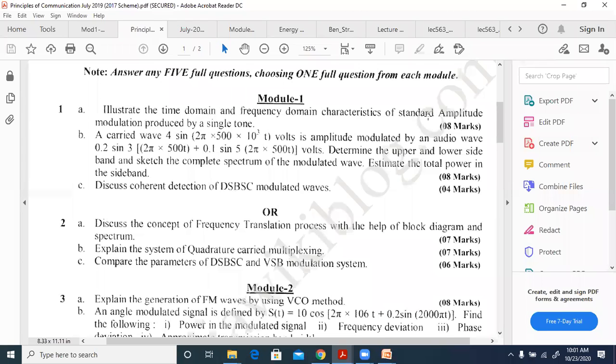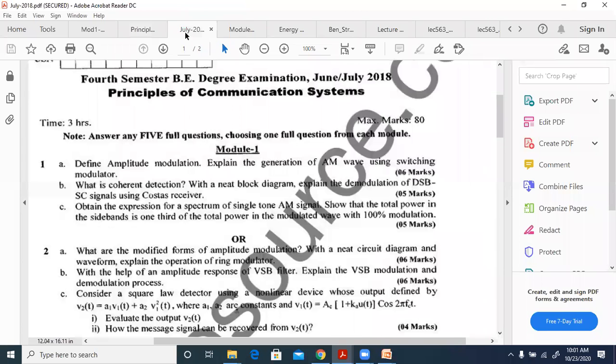Let us go to the next paper. Define amplitude modulation, explain the generation of AM wave using switching modulator. You need to explain the switching modulator. Coherent detection, same thing again. Costas receiver for demodulation. Obtain expression for spectrum of a single tone AM signal. Show that the total power in the sideband is 1/3 of the total power in the modulated wave with 100% modulation.